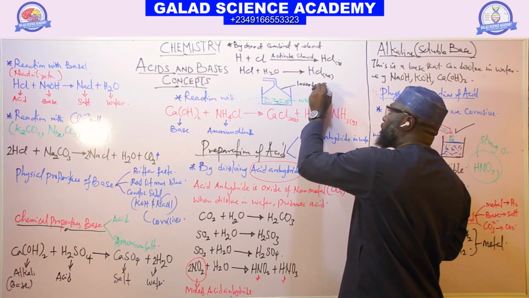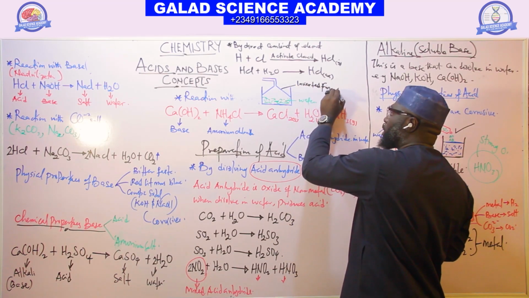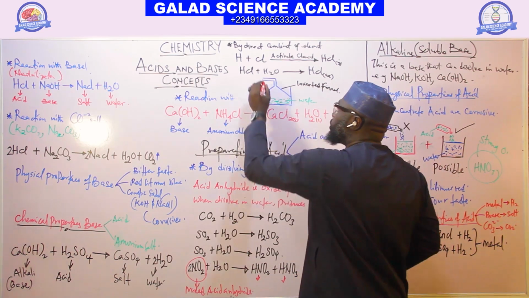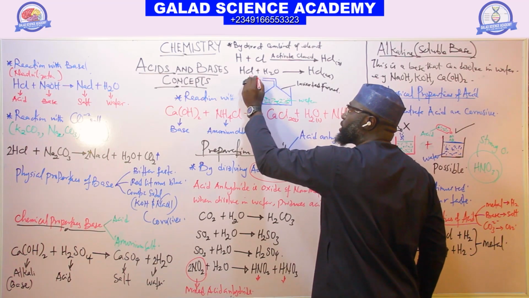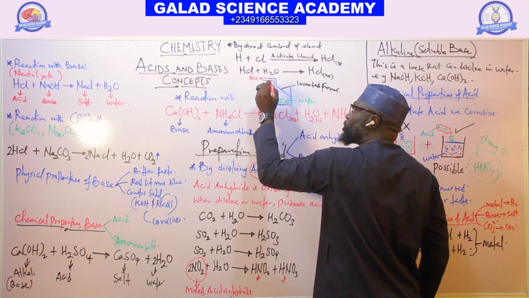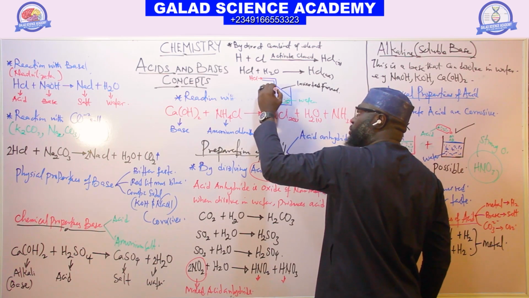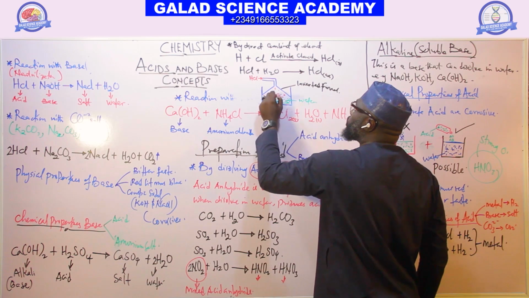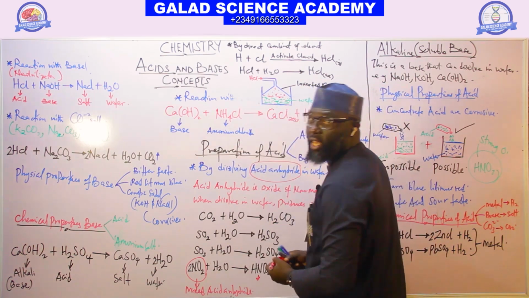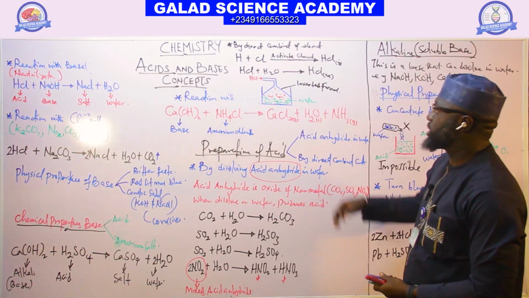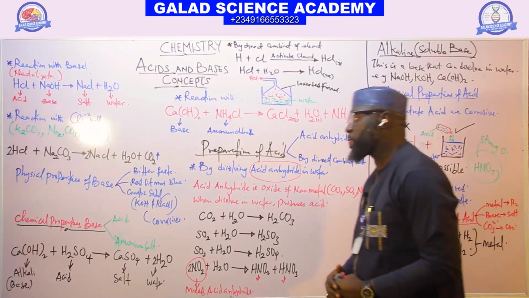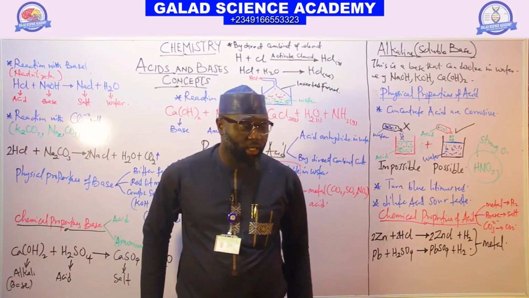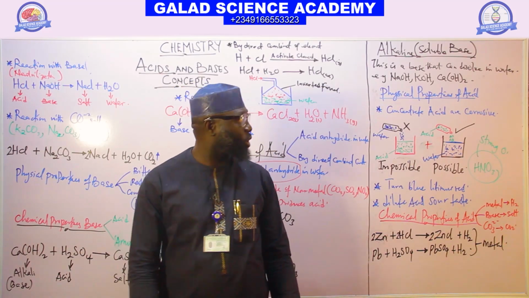So now we pass HCl gas to this. When the HCl gas is produced, it will dissolve here to make HCl aqueous. So this is the second preparation of acid. Now move to the next aspect of acid-base concepts.